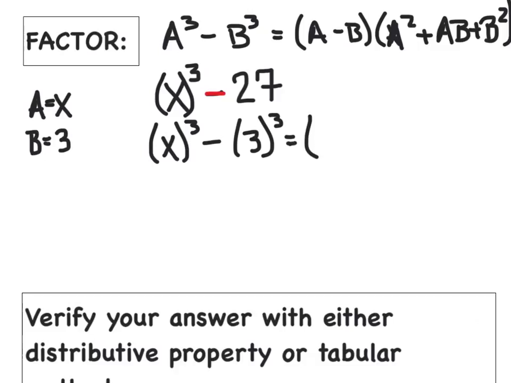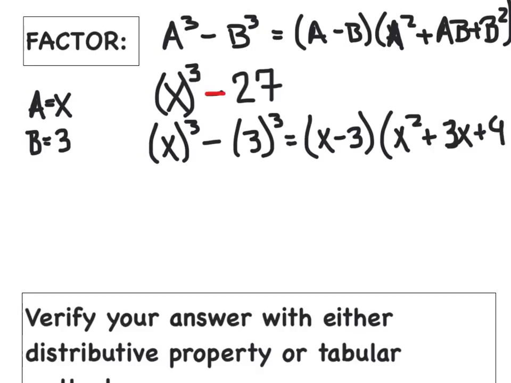So my factored form is going to be x minus 3 times the quantity x squared plus 3x plus 9. Every time I saw the letter A, I substituted an x, and every time I saw the letter B, I substituted a 3. And remember, it's same, opposite, always positive, and we got the right signs.